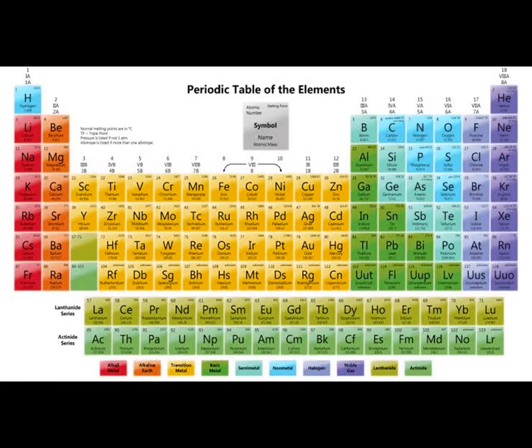They are arranged according to their atomic number, and as I explained earlier, atomic number means the number of protons present in the nucleus. If the number of protons present in the nucleus is the atomic number, you can say this is the number of electrons as well, because the number of protons and the number of electrons are the same in an atom.